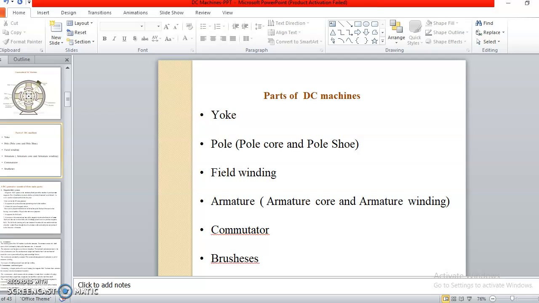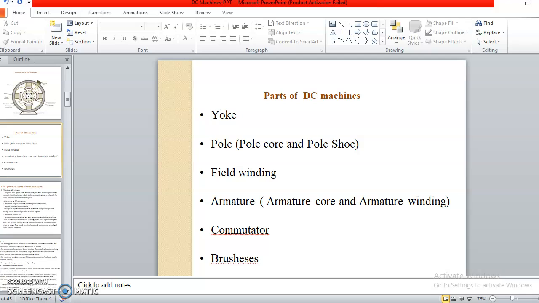Next one, the commutator. The basic nature of induced EMF in armature conductors is AC. This needs rectification in the case of a DC generator. The device which performs this task is called the commutator. It collects the current from armature conductors and converts the alternating induced EMF into DC.